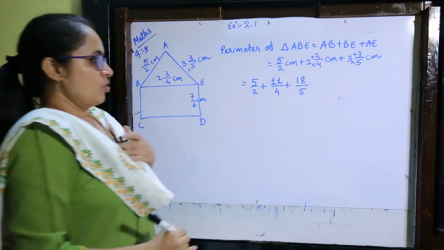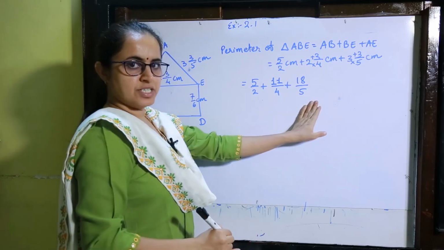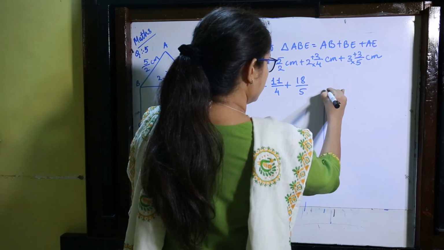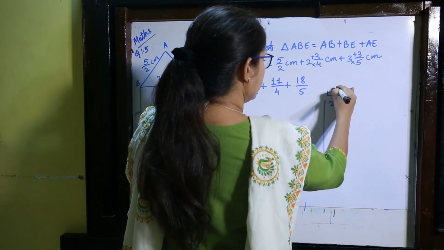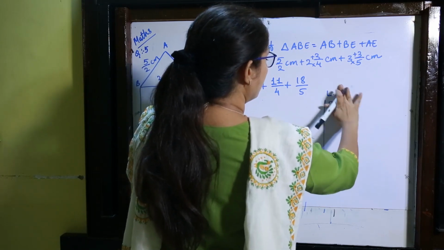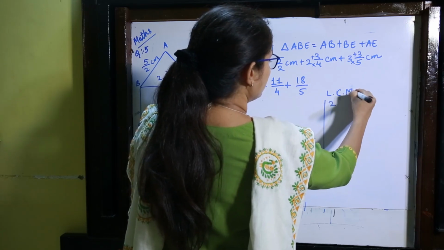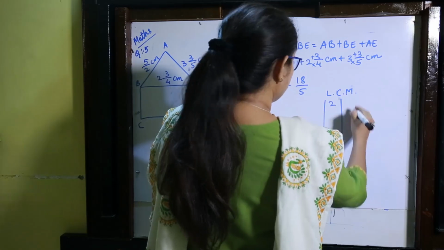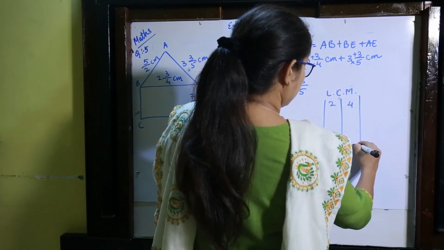Now all three fractions are unlike fractions, so you have to find the LCM. I hope you know how to do this. Do it on your own, and then you can check the answer from my board.